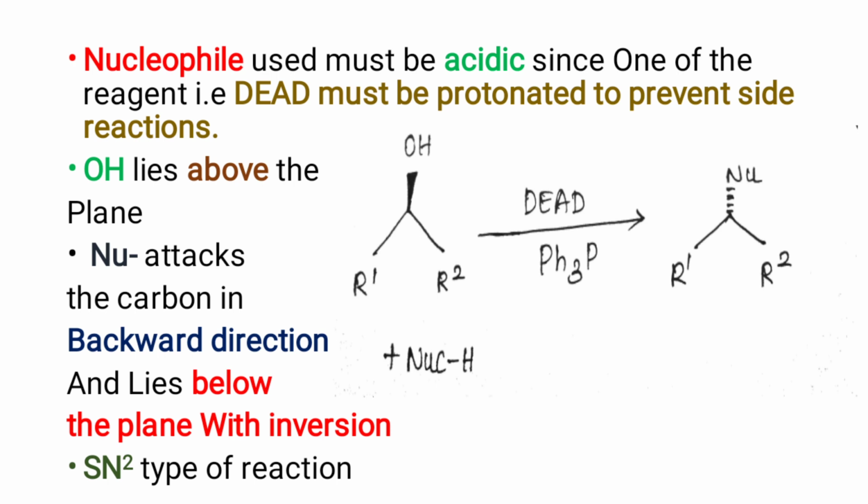After the attack of the nucleophile on the chiral alcohol in the presence of DEAD and triphenylphosphine, we have the nucleophile-substituted compound with inversion of configuration, as the nucleophile attacks the carbon from the backside due to steric hindrance. So this reaction is a type of SN2 where the backward attack takes place and the inversion of configuration occurs.